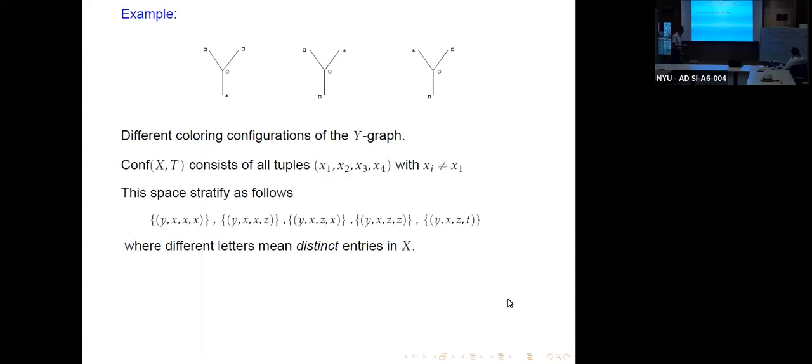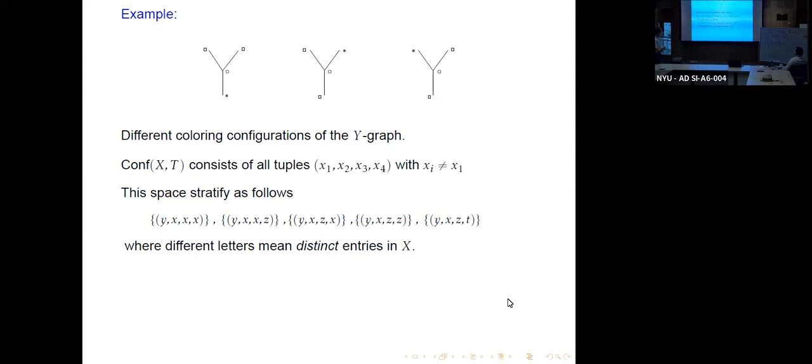Here's interestingly how you would prove something like this really quickly. For example, if I take this graph, which is the T graph or the Y graph, look how things will work.